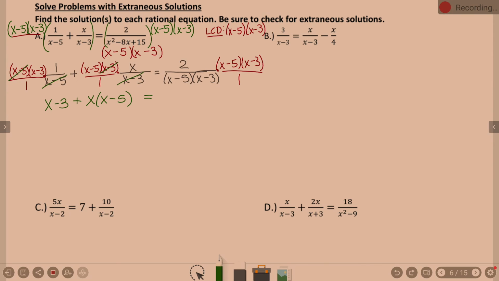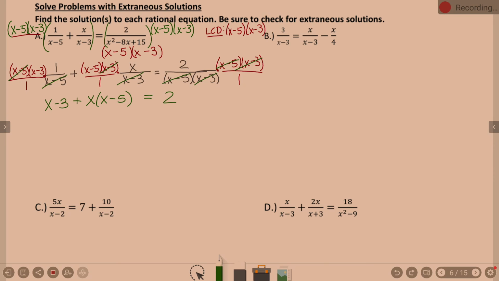Equals. On the right, what cancels? x minus 5, x minus 3, what remains? 2. Okay. There's a reason we did all that work, right? This is, I hope in your mind, a much more doable equation. Hopefully it doesn't scare you nearly as much. So, let's start doing some math.